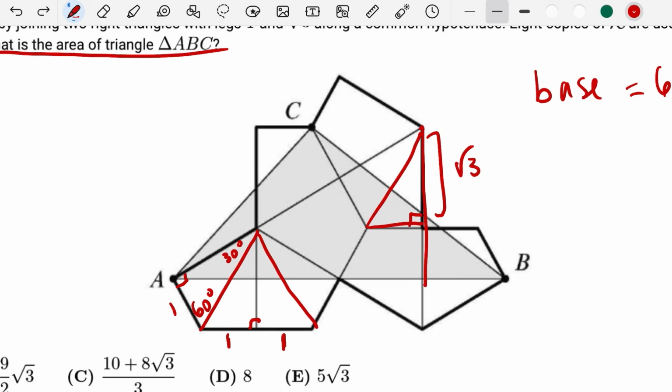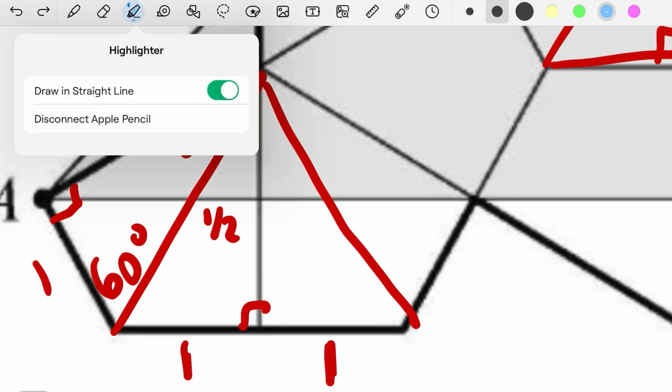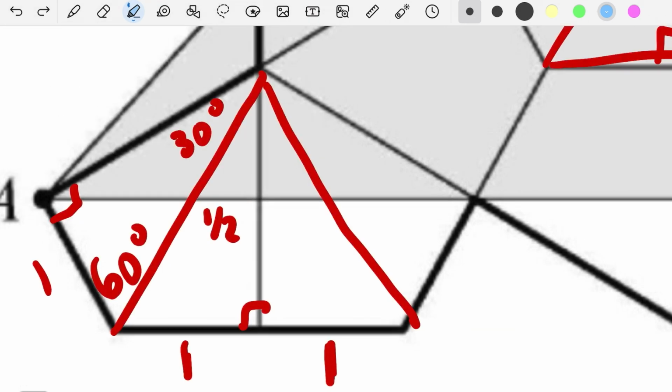Previously we said that this length was half, and since we know that this triangle here is a 60, 30, 90 triangle, then this triangle right here must also be a 60, 30, 90 triangle.